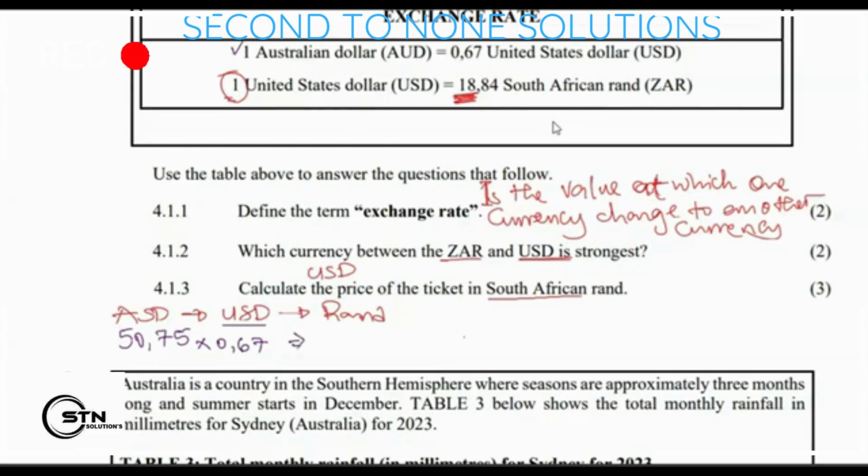So you've got your answer here now as 30.002. Don't be quick to round off.